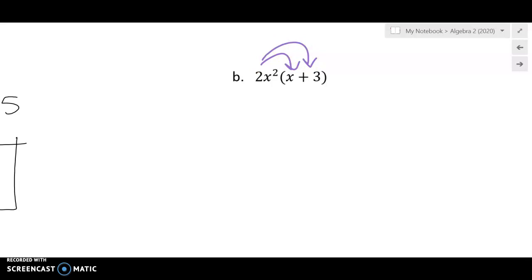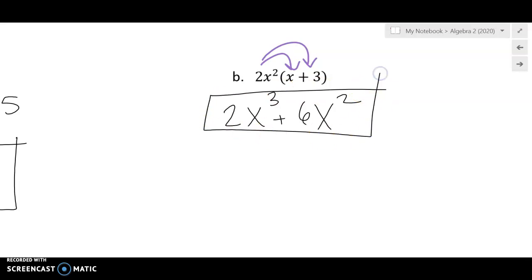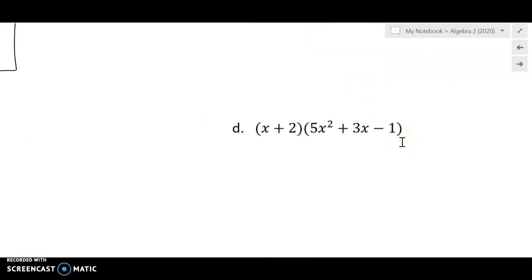So 2x squared times x is 2x to the third. And then 2x squared times 3 is positive 6x squared. See if you can combine those. You always want to be thinking about it, but those ones are not the same. They cannot combine, so you just leave it as is. But I do write it in descending order, because that's how I keep it.